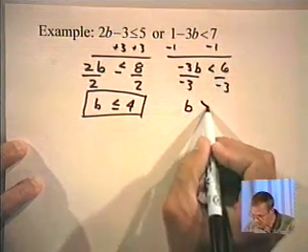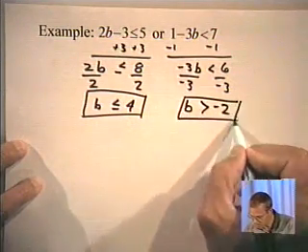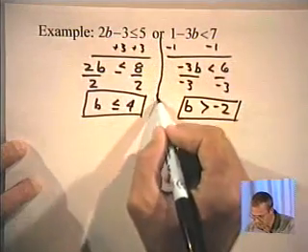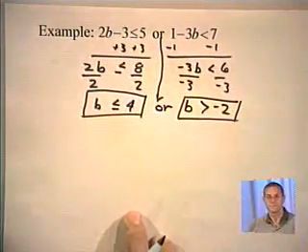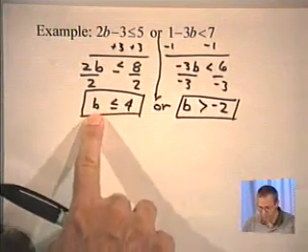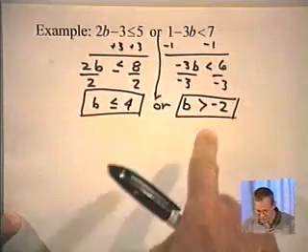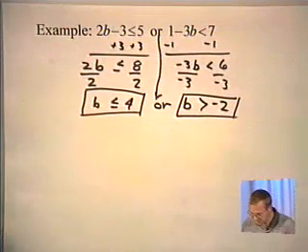So this one becomes a greater than. And again, I'll bring down the word or. So we need all points that are less than or equal to 4 combined with all the points that are greater than negative 2. Again, let's see what that looks like on a number line.